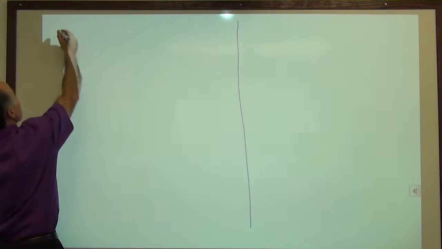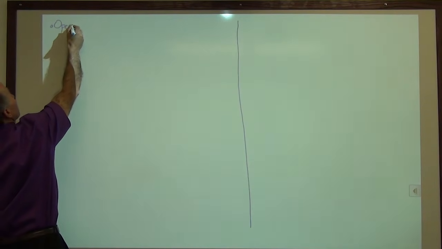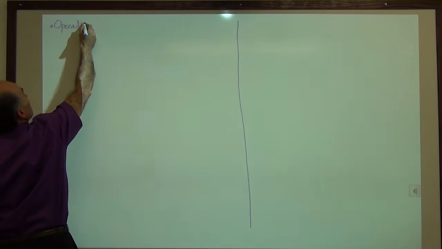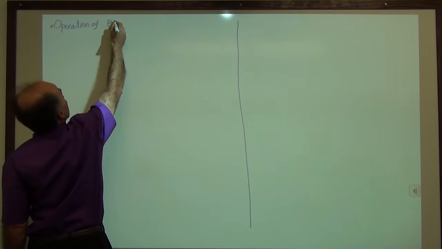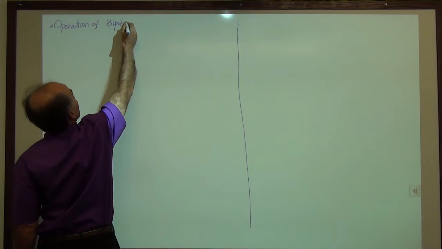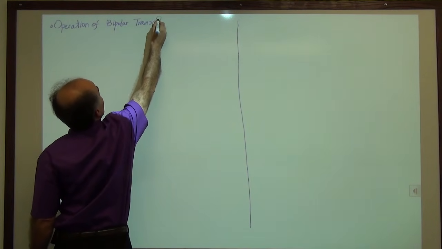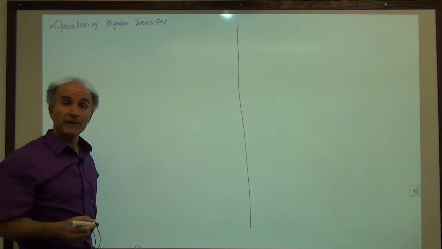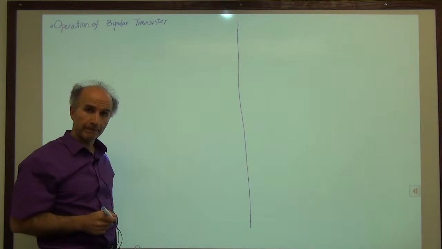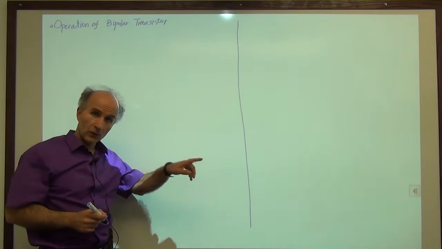Okay, so let's go to operation of bipolar transistor. So we want to understand the physics of the device. All right, so first thing I need to do is create those conditions.